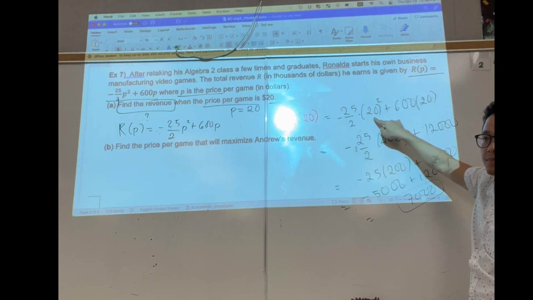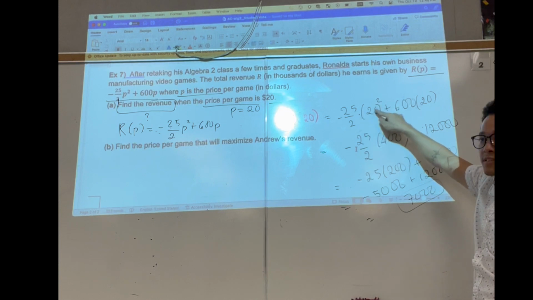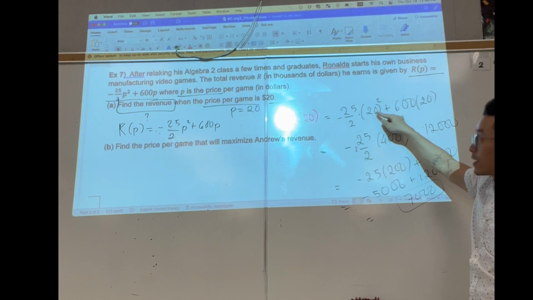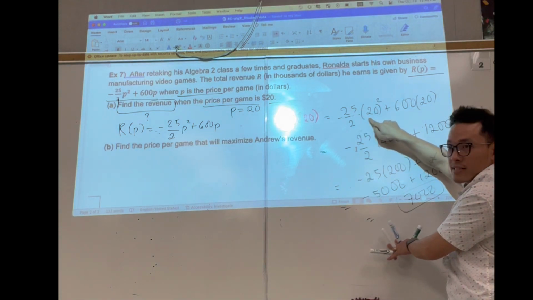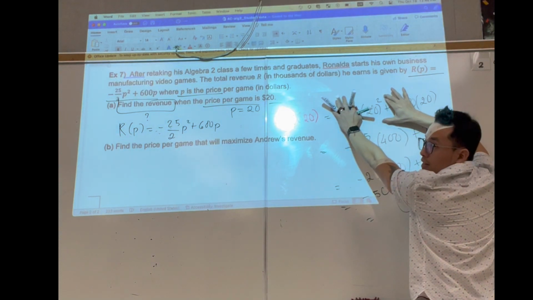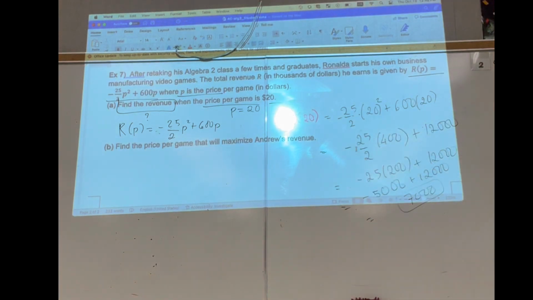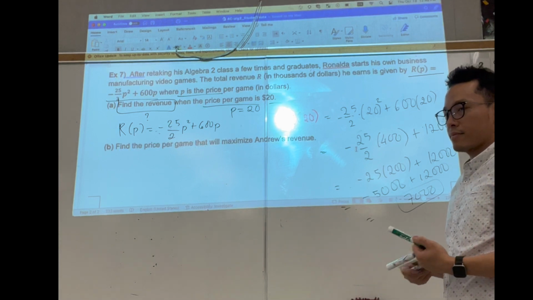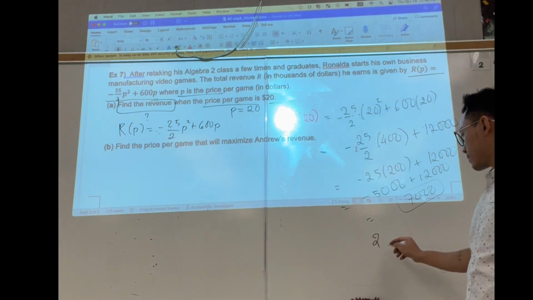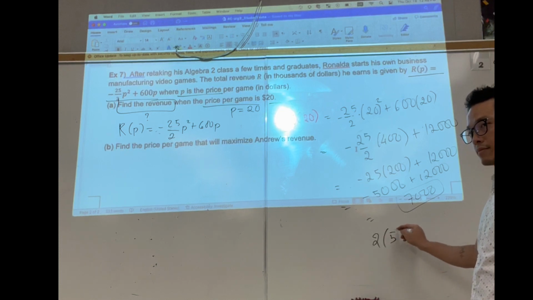You need to take care of the 20 squared first. That's what I asked. Why do you do multiplication first? You need to take care of the square first. Is 25 inside the parentheses? No. Take care of this first. Even if it's a different number, let's say 2 times parentheses 5 with exponent 2, you have to do the square first.